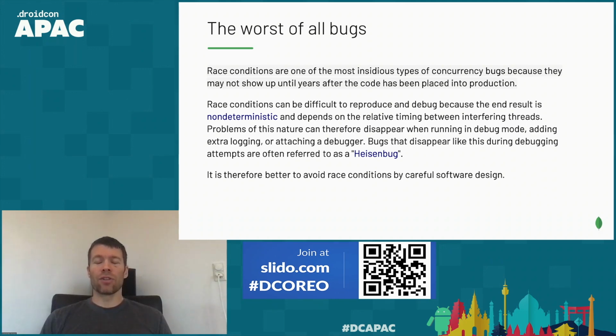So I guess the core point of this is you really don't want to have race conditions in your code. If at all possible, it's so much better if you can design your software in a way that essentially makes the race condition impossible. You don't want to risk race conditions in the middle of everything, and that really takes careful software design.